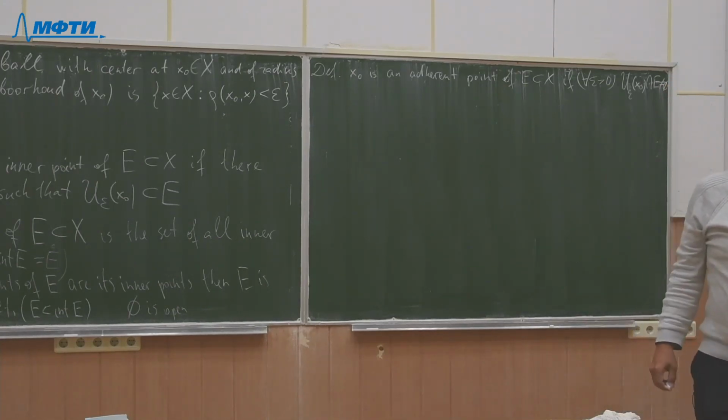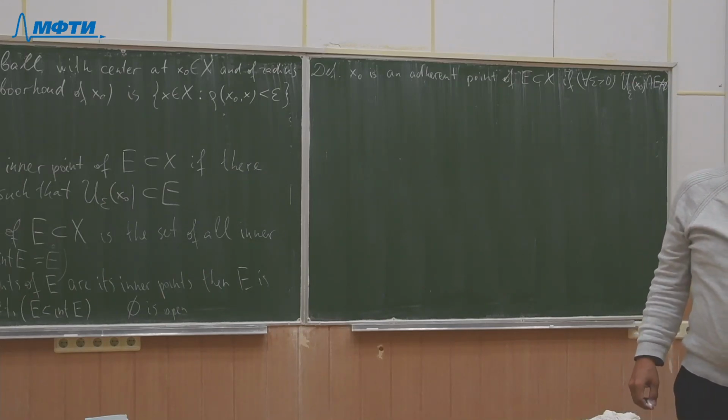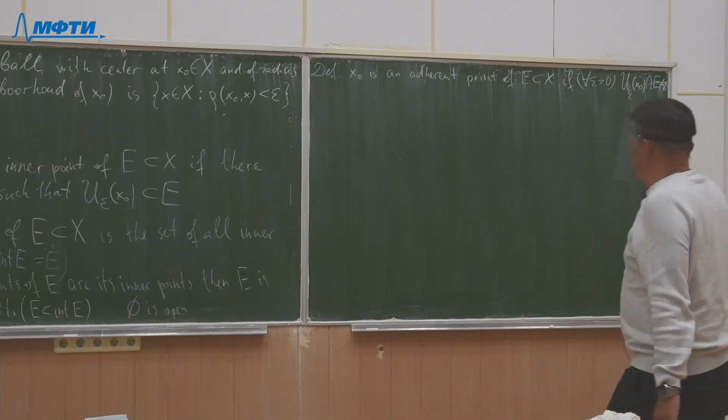So there exists at least one point of the set E in an arbitrary neighborhood.